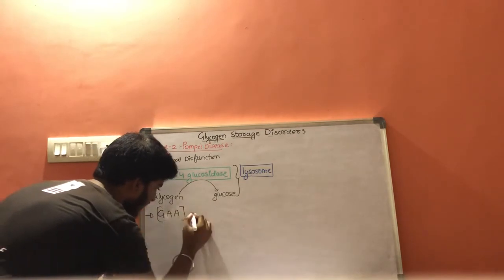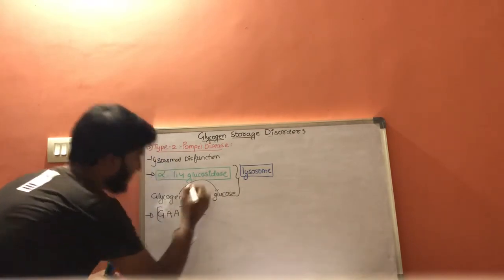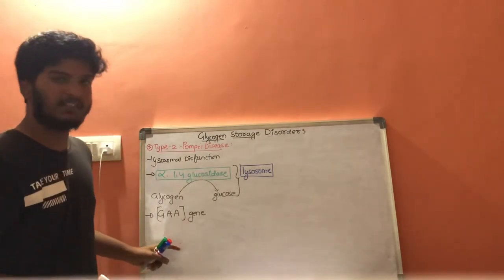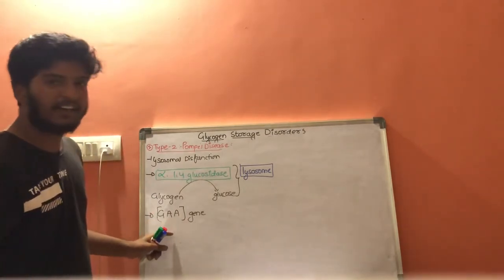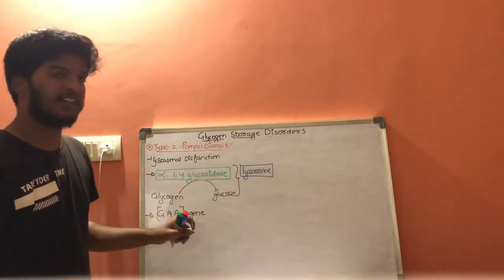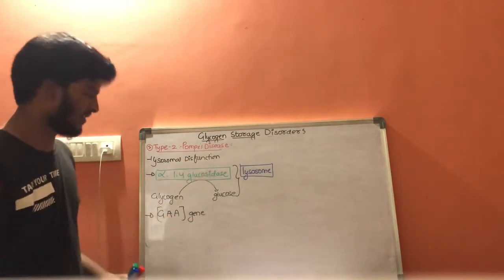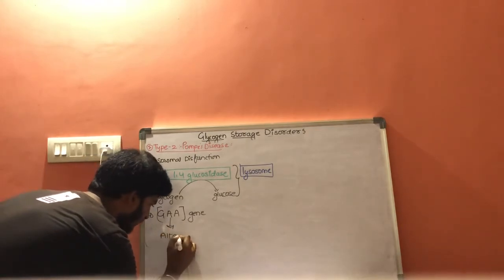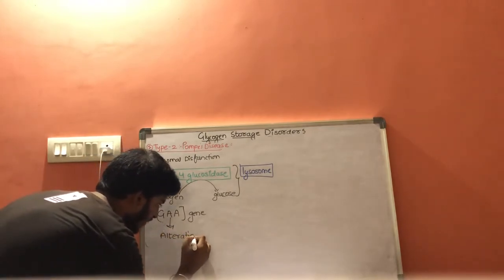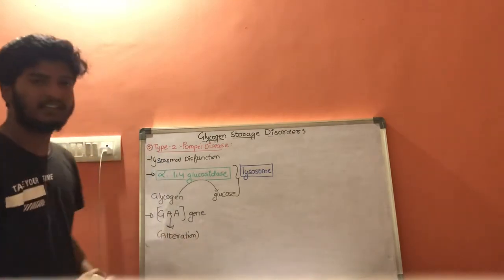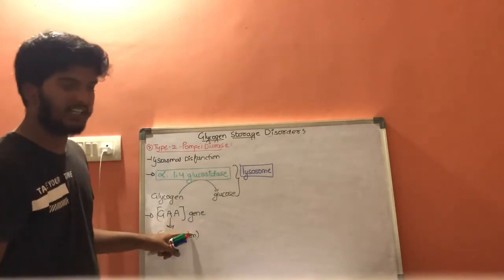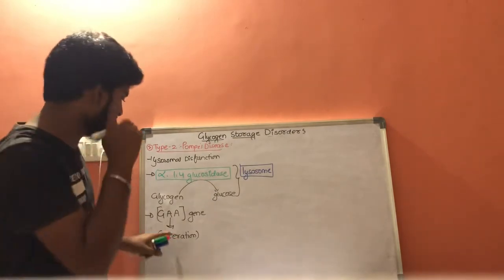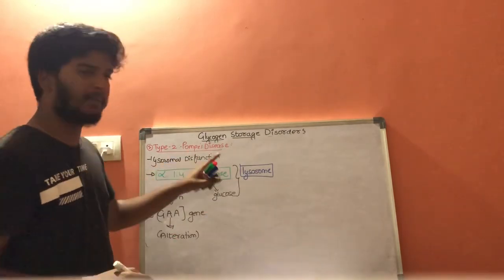This is the gene which is present in the lysosome, and alterations in the GAA gene result in Pompe disease. These alterations in the GAA gene will result in Pompe's disease.